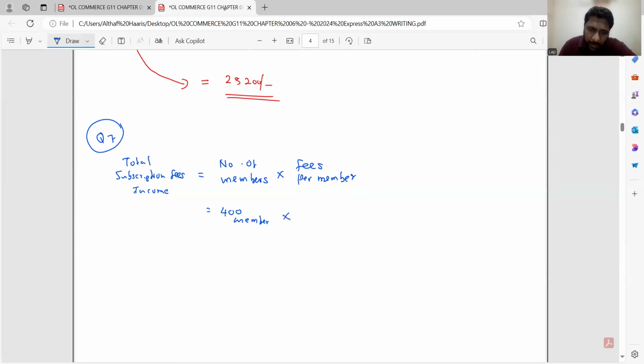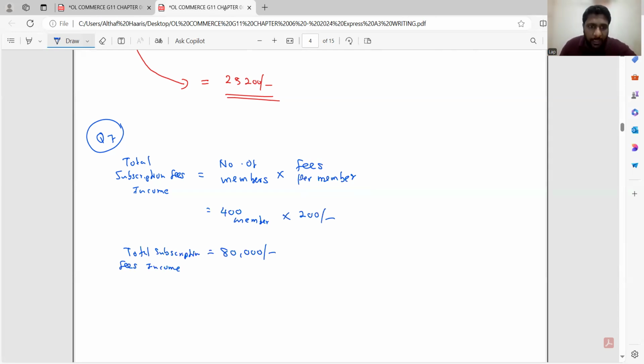From each member, they are charging 200 rupees. Then here you are getting 80,000. So this 80,000 is the total subscription fees income.